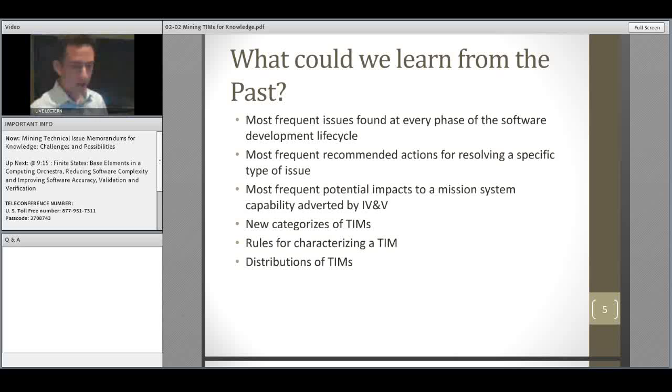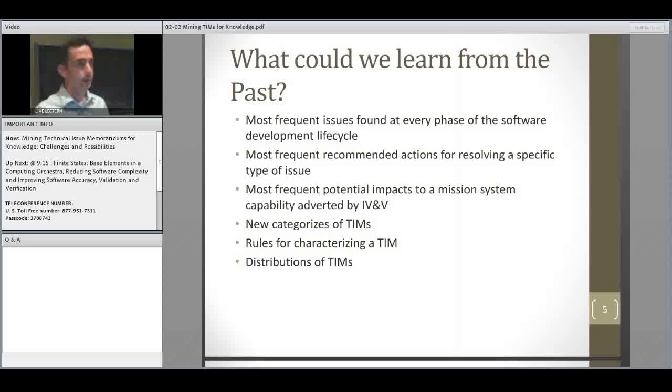By mining TIMs, we can come up with new categories of TIMs. We can come up with rules for characterizing a TIM. One of the things about, at least for our TIMs, is that I would say they're semi-structured. They do have a structure in that there are a certain number of fields for a TIM, such as phase bound, phase introduced, severity classification, that sort of thing.